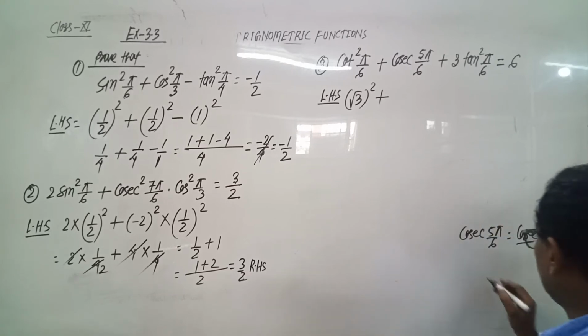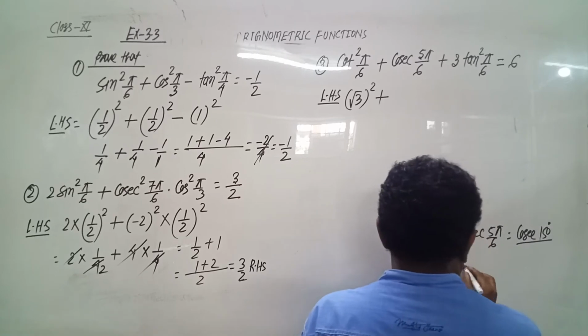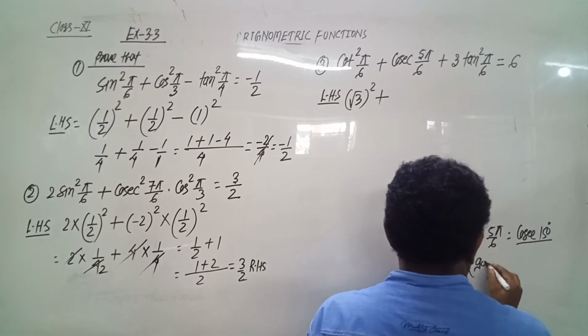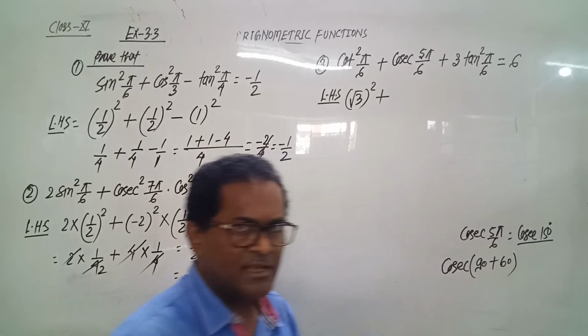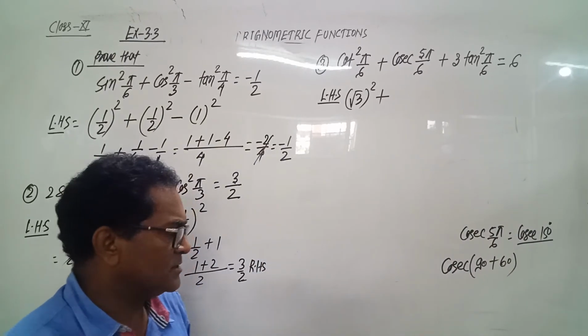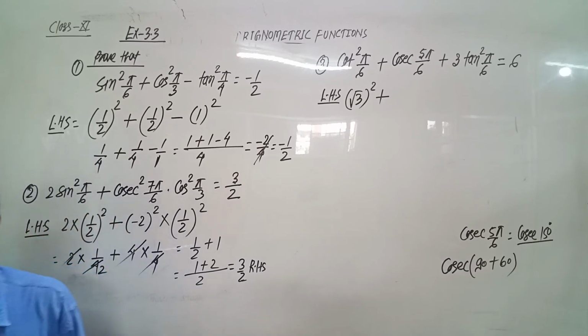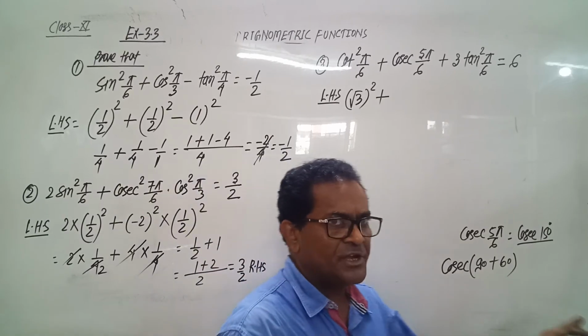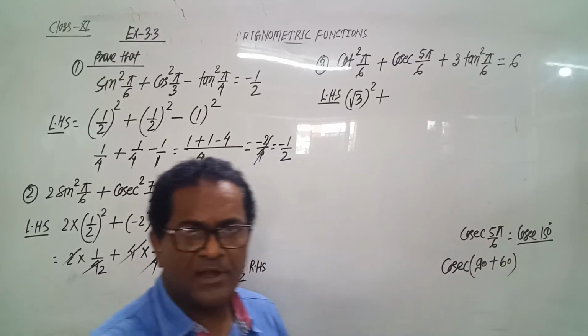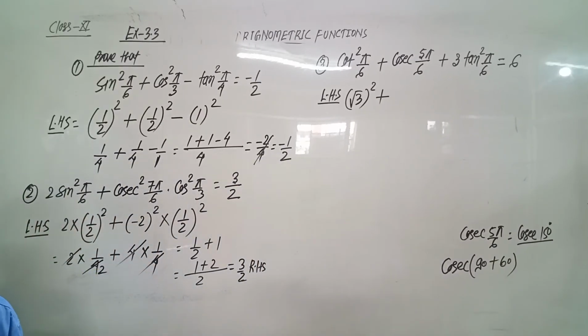And cosec 150 is written as cosec 90 plus 60. This is the second quadrant, 90 plus theta. In the second quadrant, the value of cosec is positive. Cosec and sine are positive in the first quadrant and in the second quadrant.